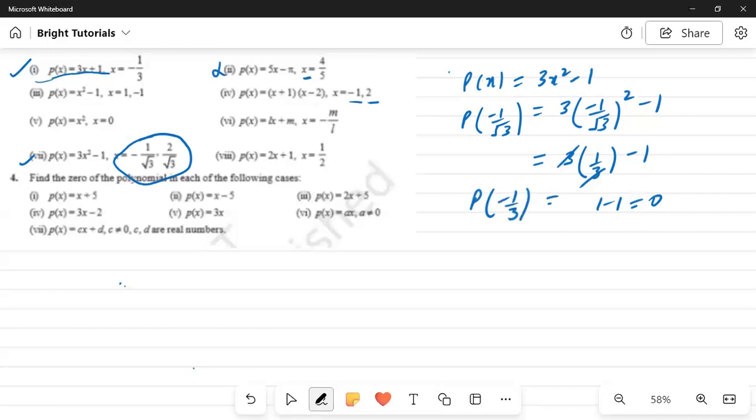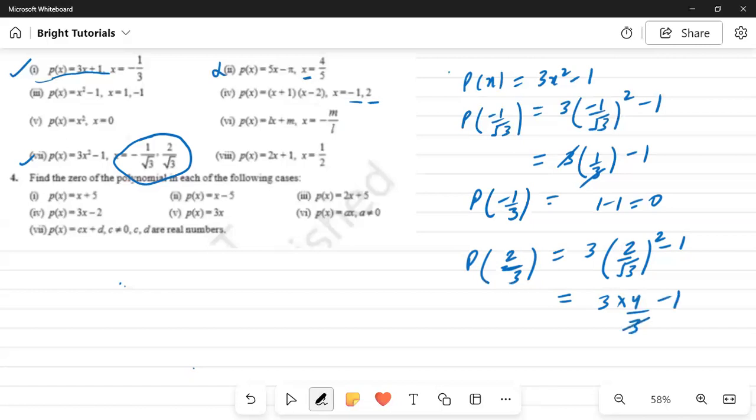Similarly, we will check at x equal to 2 by root 3. Here 3x square, 2 by root 3 whole square minus 1. What will happen here? 2 whole square is equal to 4 and root 3 whole square is equal to 3, minus 1.